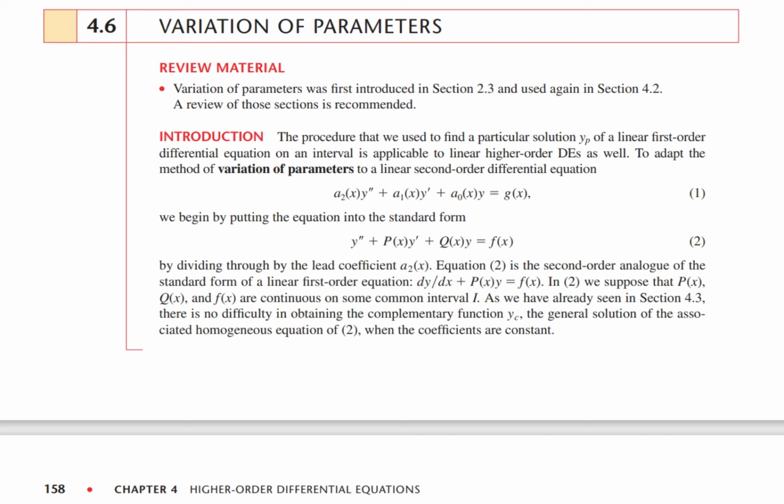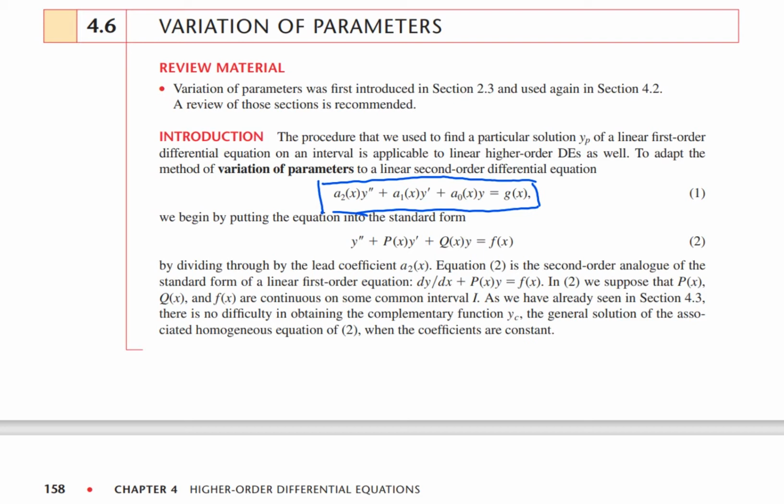So, we're going to take a completely arbitrary second-order linear inhomogeneous differential equation. So these coefficients in front of the y's might be functions of x, not just constants. And we're actually going to end up at a formula for the particular solution.